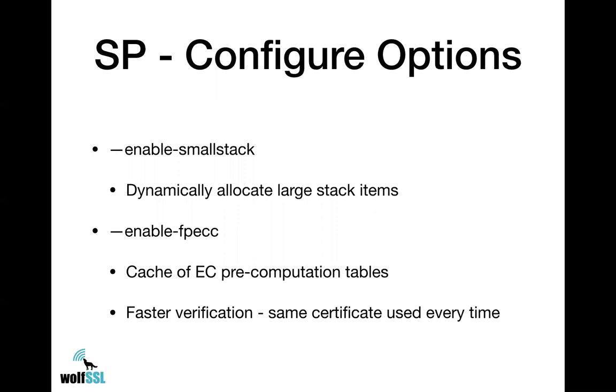So the FP ECC option has consequences or impacts within the SP code as well as in the standard ECC library code. What this does is it creates a cache of EC pre-computation tables. So now we're just like saying, I don't care about memory. I just want to use as much memory to make everything as fast as possible.